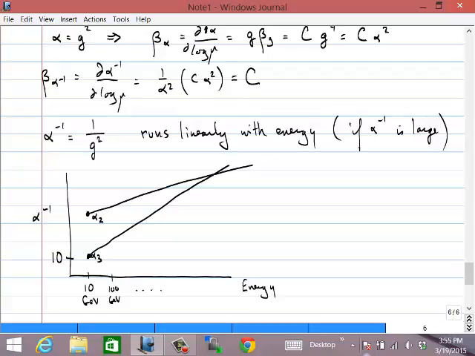Here, let me redraw this so that it'll all fit a little bit better. So let's draw this like that. So then we have that. Still not very good. Okay.